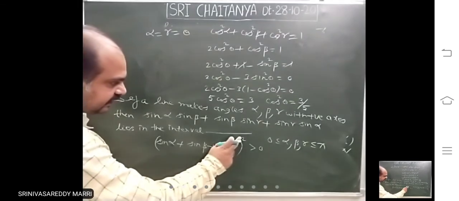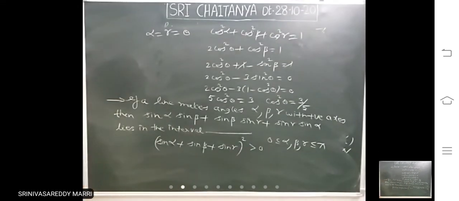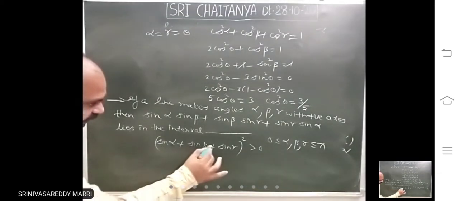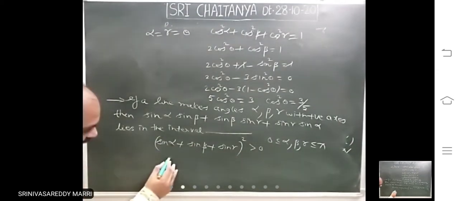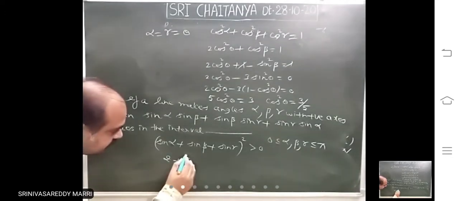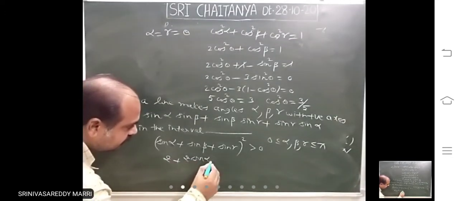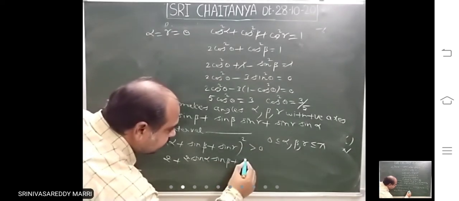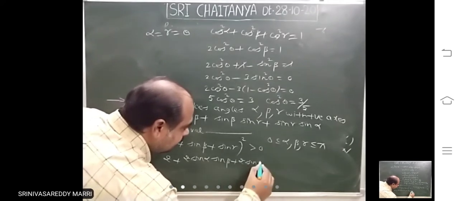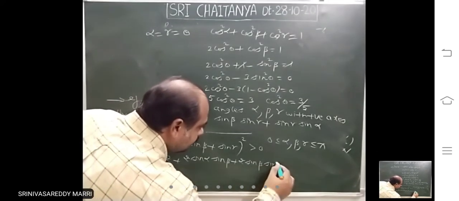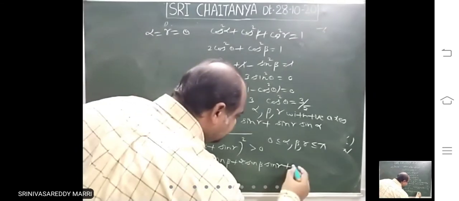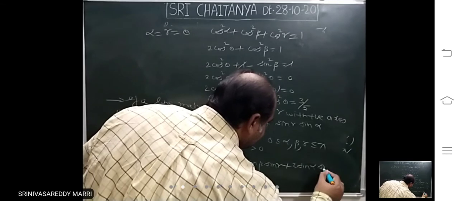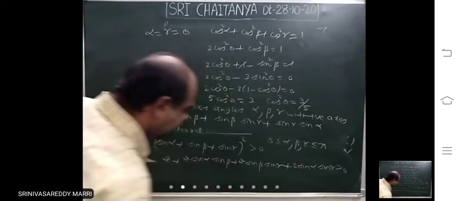So that means this quantity is a perfect square, greater than 0. Now if you expand this, you get sine square alpha plus sine square beta plus sine square gamma, which I told you is 2, plus 2 sine alpha sine beta plus 2 sine beta sine gamma plus 2 sine alpha sine gamma, greater than 0.